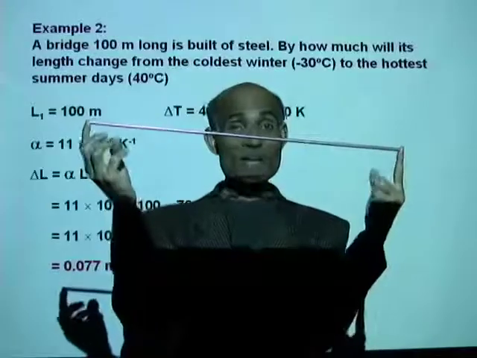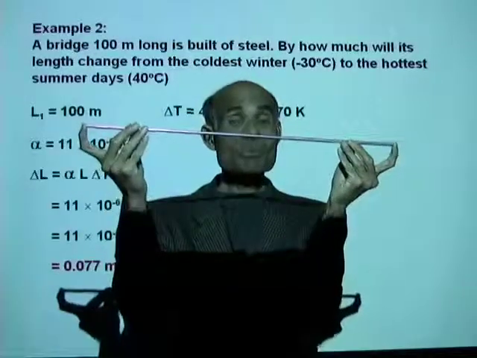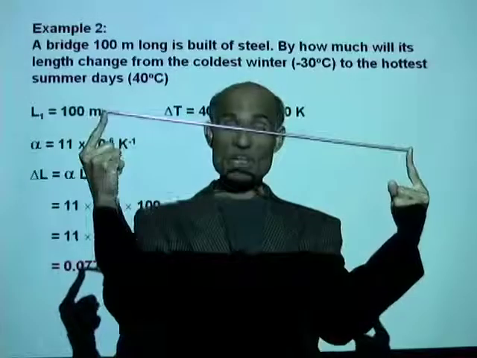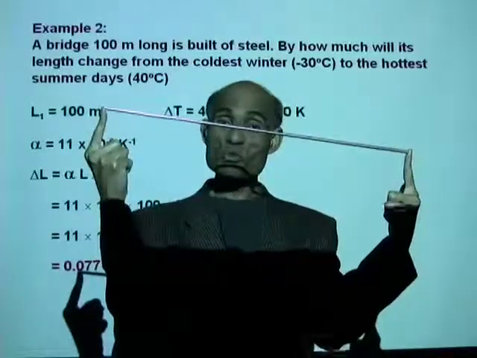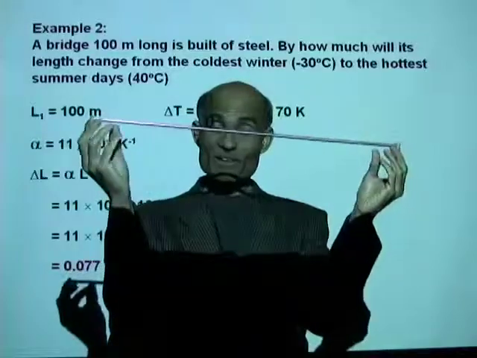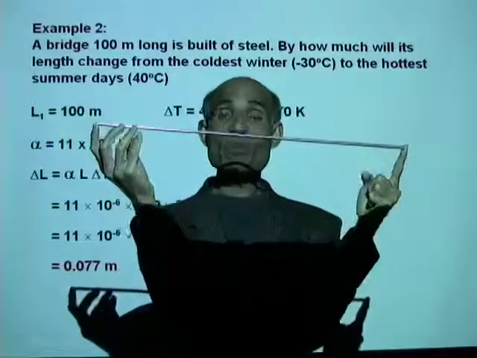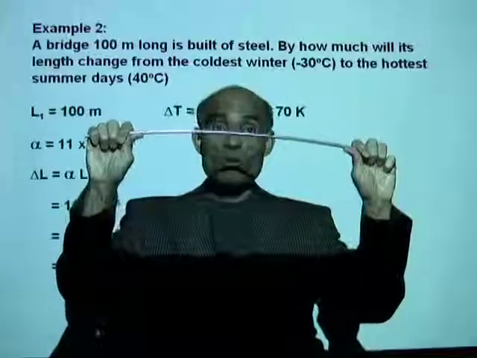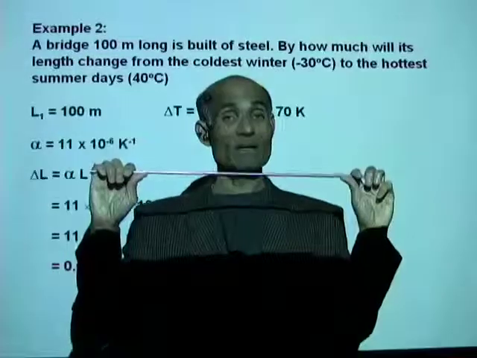Is it safe to build it like this? When the temperature increases, the length is going to increase, and if it is built between two fixed columns, there is nowhere for the bridge to increase its length, so what's going to happen? It's going to buckle and break.